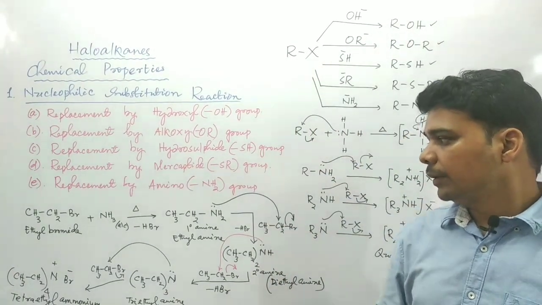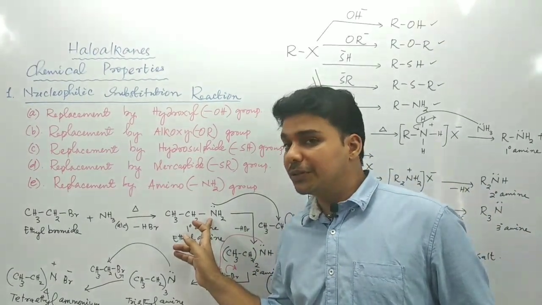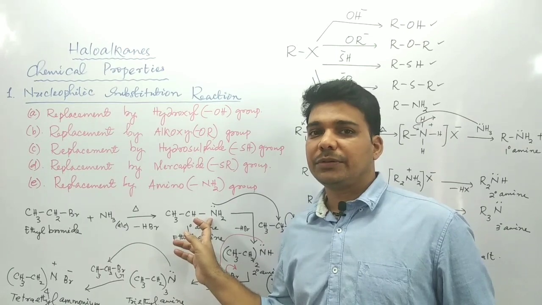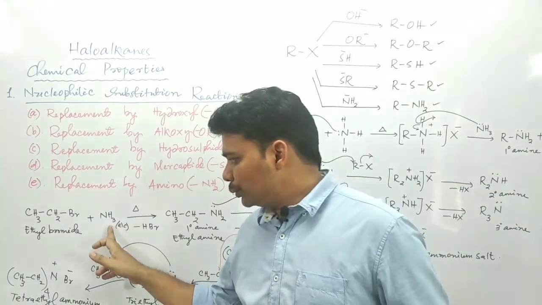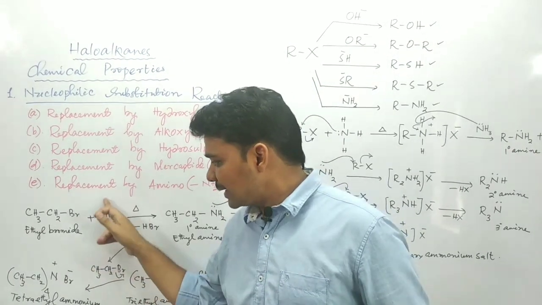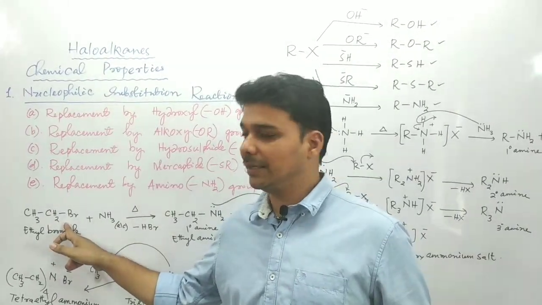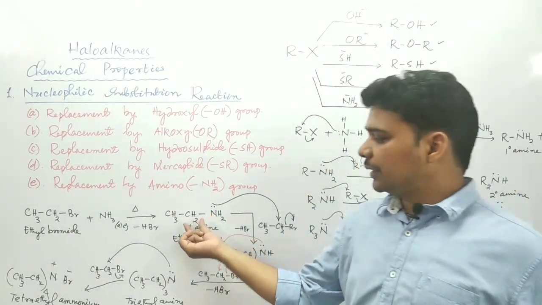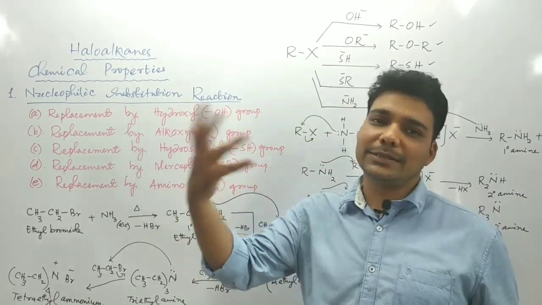However, if we need to obtain this primary amine, this first product, in a reasonable amount, then we need to use ammonia in excess. When excess ammonia is used with the alkyl halide, the yield of the primary amine can be enhanced.